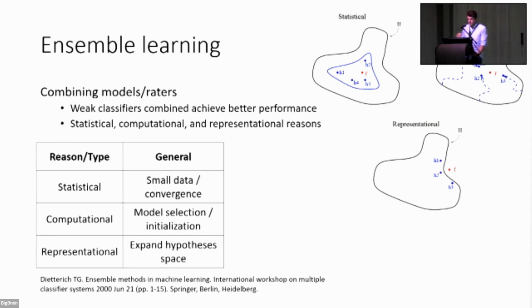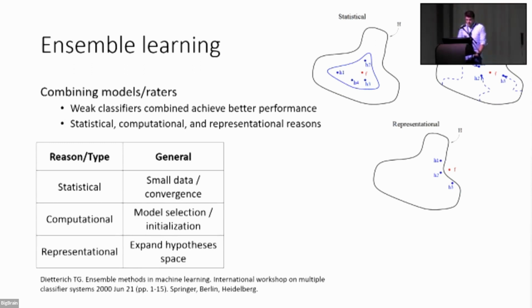The first one is statistical, which stems from the fact that data is often too small compared to the search space. So by combining more different smaller data or weak classifiers, we lower the possibility of choosing the wrong solution.